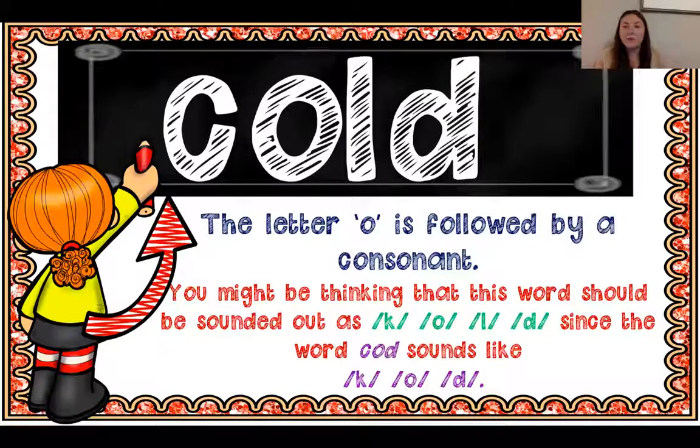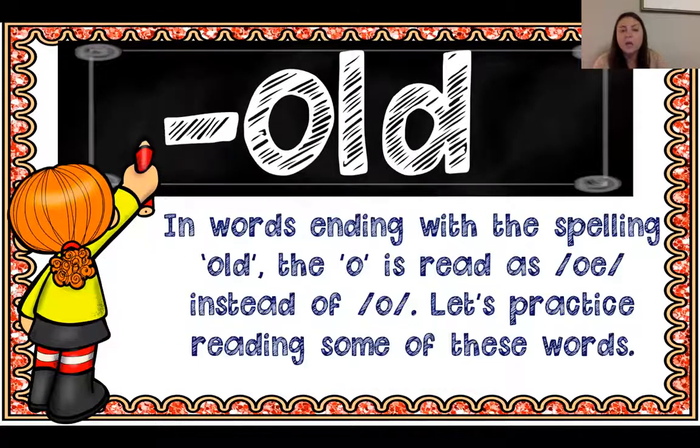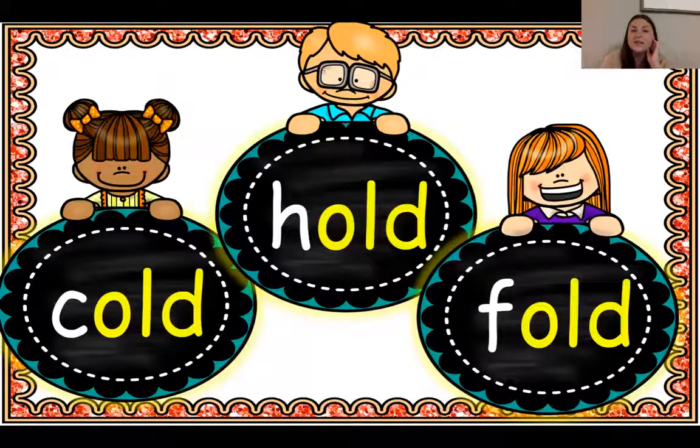Now when we see the O and L-D group together, we know that the O is saying its name. You might think this word is spelled called, but it's not. This word is cold. Anything that ends in the old sound has the O sound, like in the words cold, old, hold, fold.